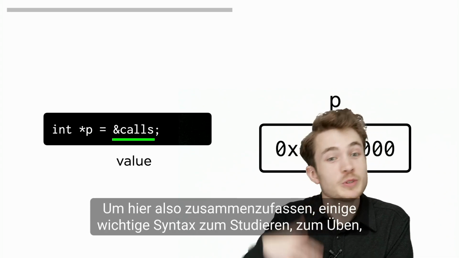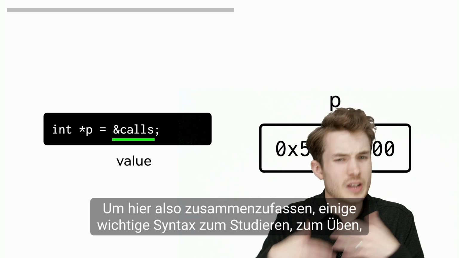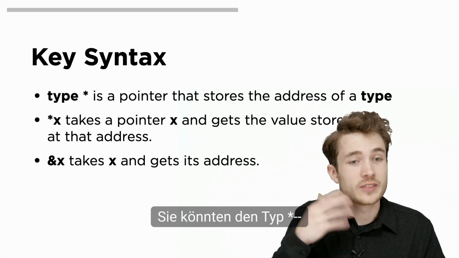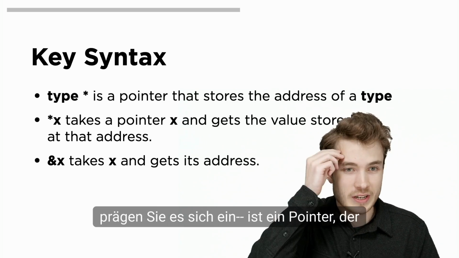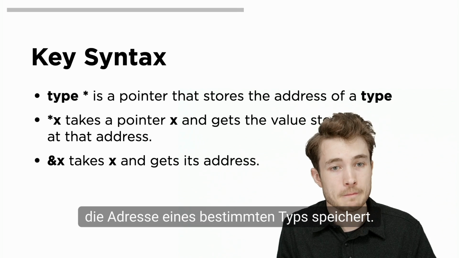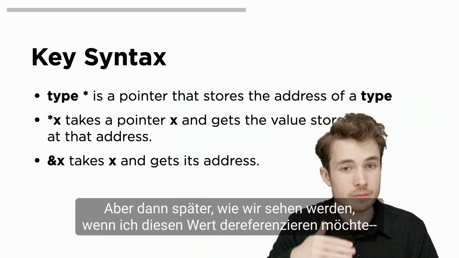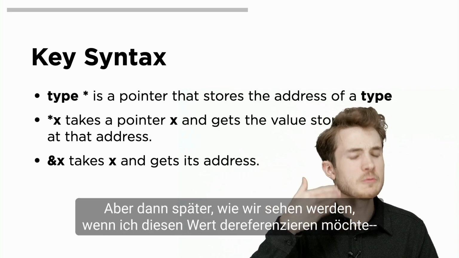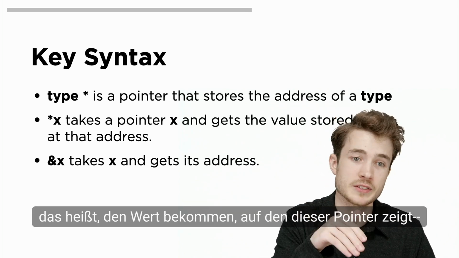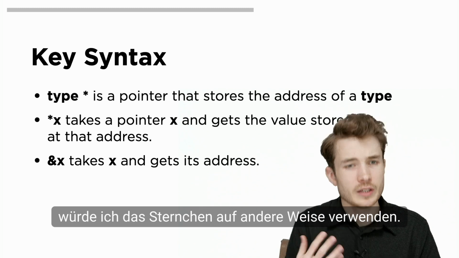So to recap here, some key syntax to study, to practice with, is going to be the following. You could say that type space star is, get in your head, a pointer that stores the address of a certain type. But then later on, as we'll see, if I want to dereference that value, that is, get the value that that pointer is pointing to, I would use the star in a different way.